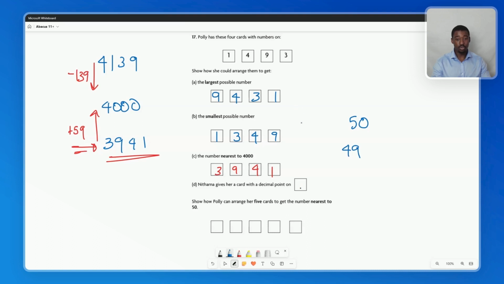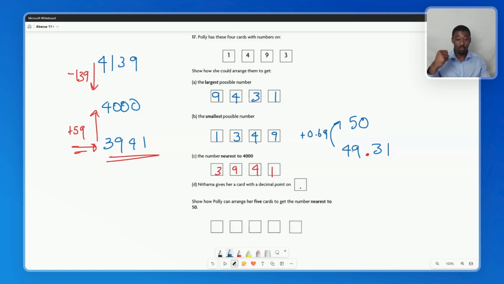But then we can use our decimal point, because right now we're a whole 1 away from 50. But we can get closer to 50 by using our decimal point and then inching a bit closer by using the 3 and the 1. Because now we're not a whole 1 away from 50, we're only 0.69 away from 50.